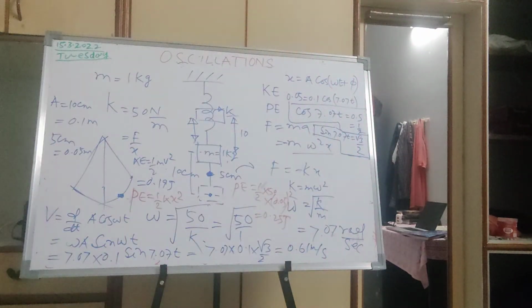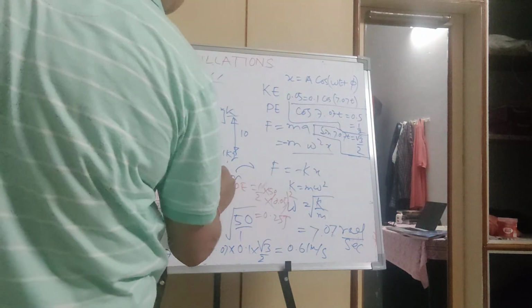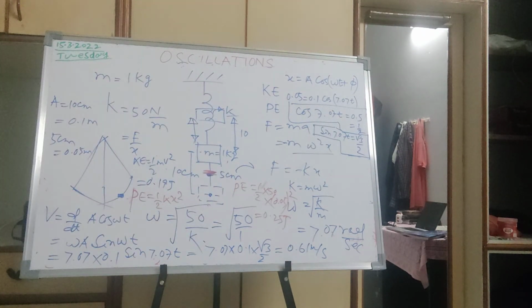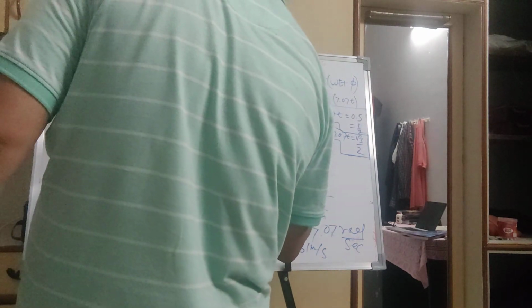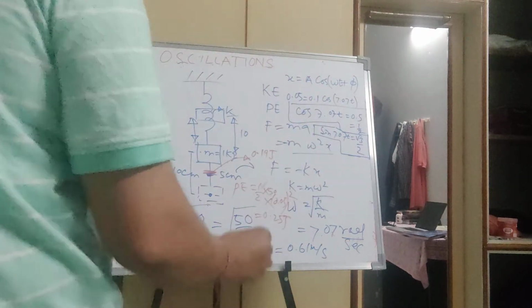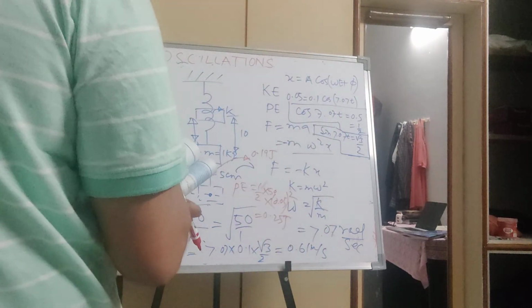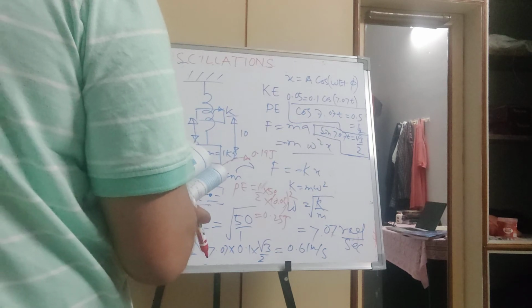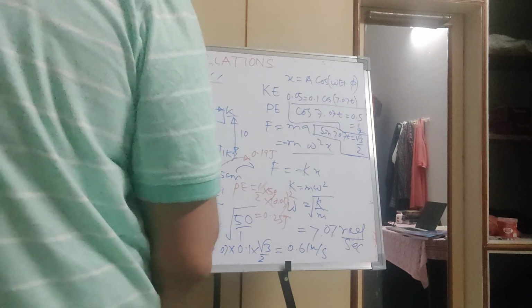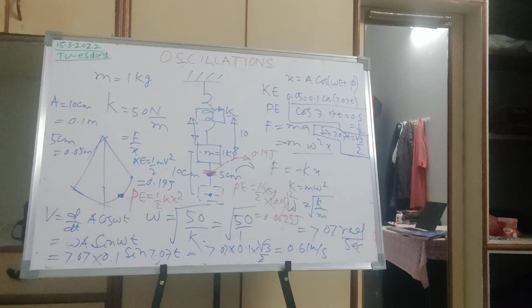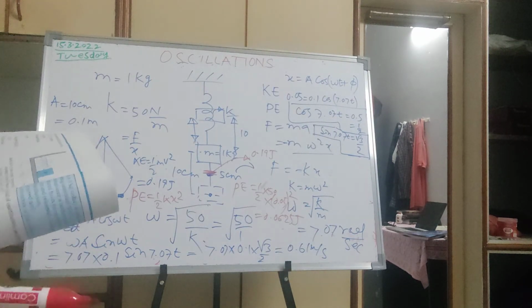So at 5 centimeter displacement, your kinetic energy is 0.19 joule, whereas your potential energy is 0.0625 joule.